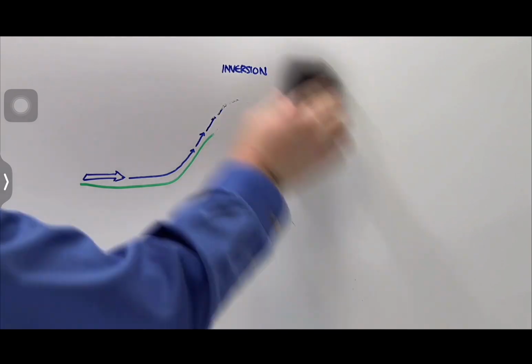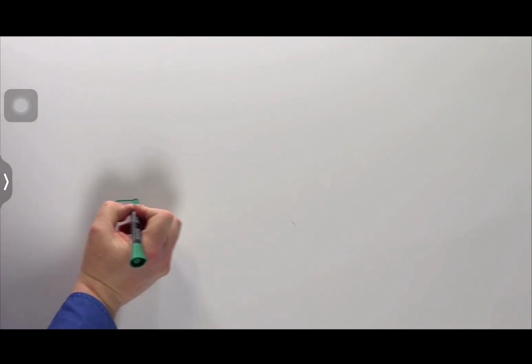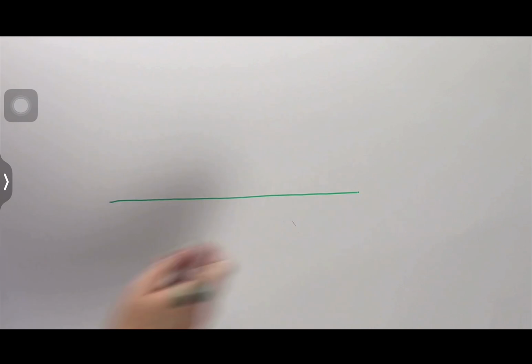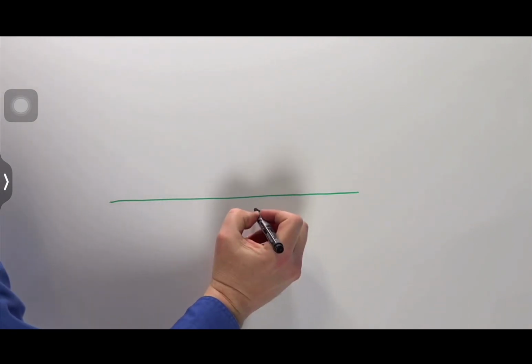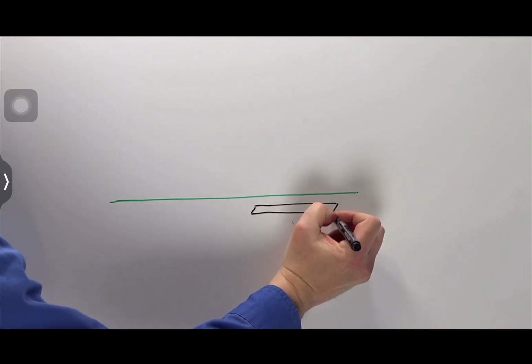All right, so we will erase our stable little mountain wave here. Let's draw a profile view of an airport and the airport environment. We've got the terrain there, and then let's imagine that we've got the runway right over here.